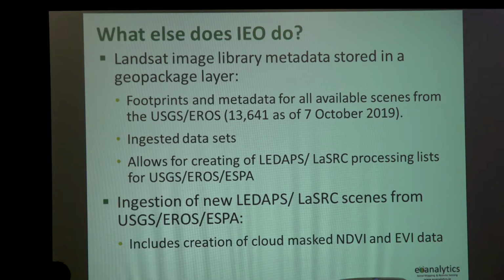So it downloads the footprints and metadata for all available scenes from the USGS. As of a few days ago, it was over 13,000 just for Ireland. This includes ingested data sets. It allows the creation of processing lists for the USGS EROS ESPA architecture. ESPA is the Earth Sciences Production Architecture.